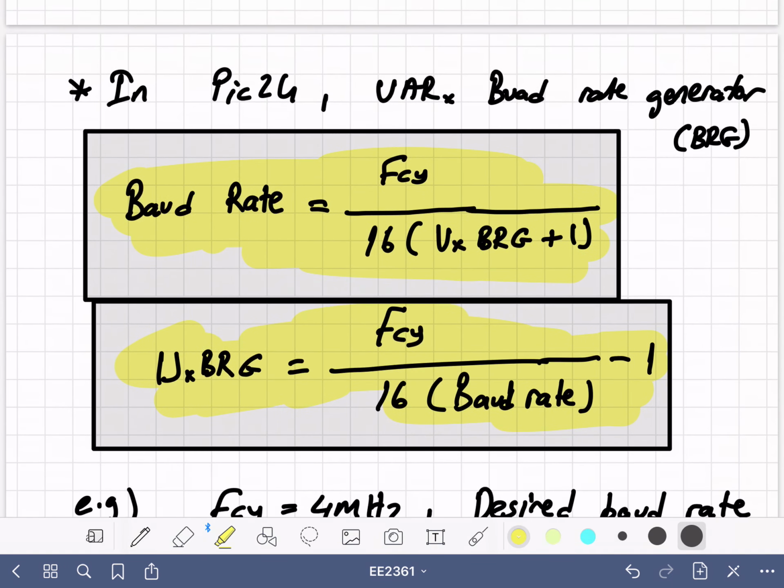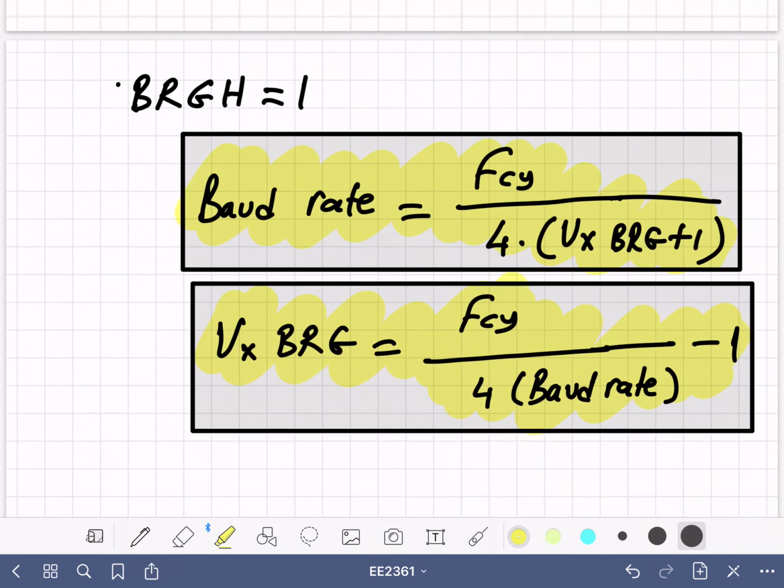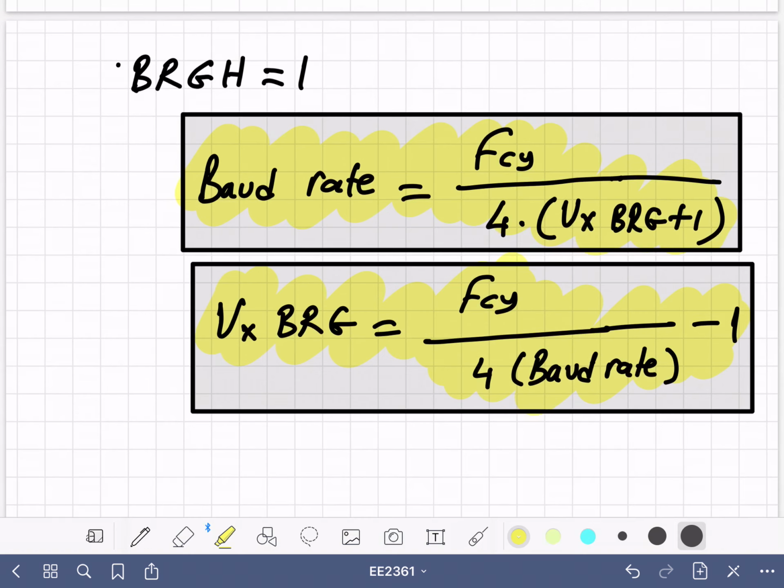For the low baud rate option, BRGH 0, these formulas need to be used, and for BRGH equal to 1, these formulas have to be used.